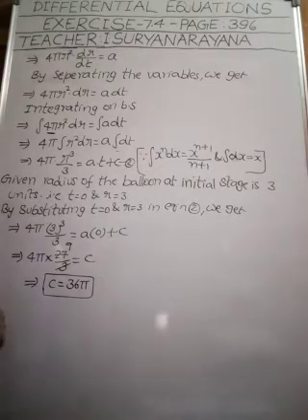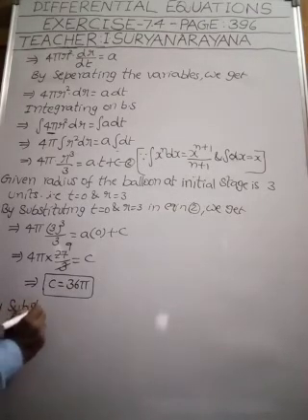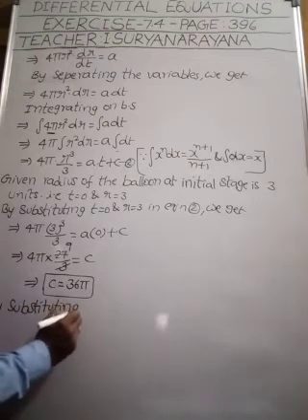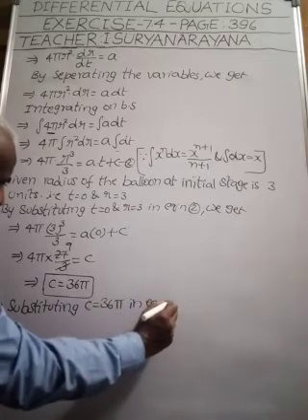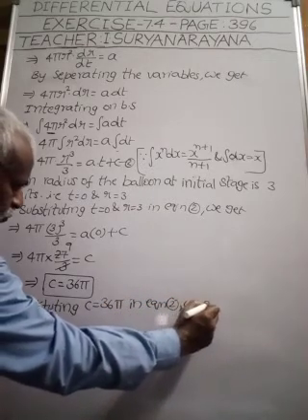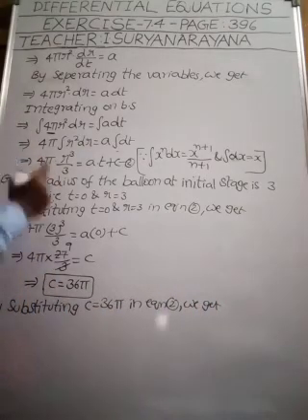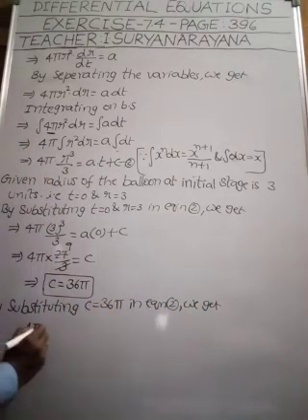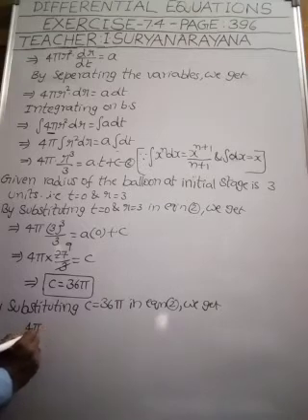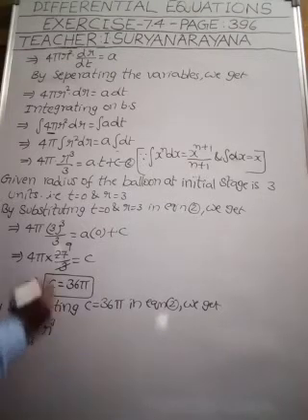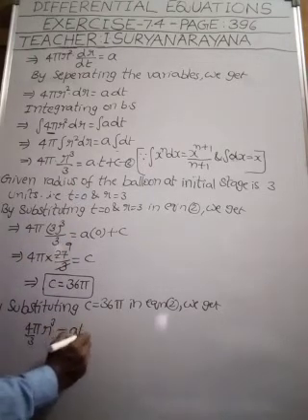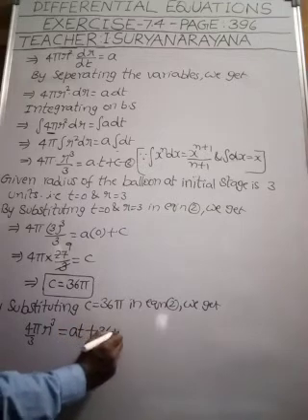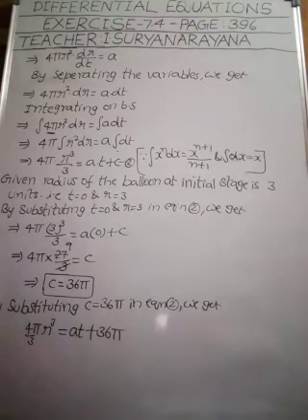By substituting c is equal to 36π in the equation 2, we get 4 by 3 π r cube, that is 4 by 3 π r³ is equal to at plus 36π. Okay, my children, understood this point?